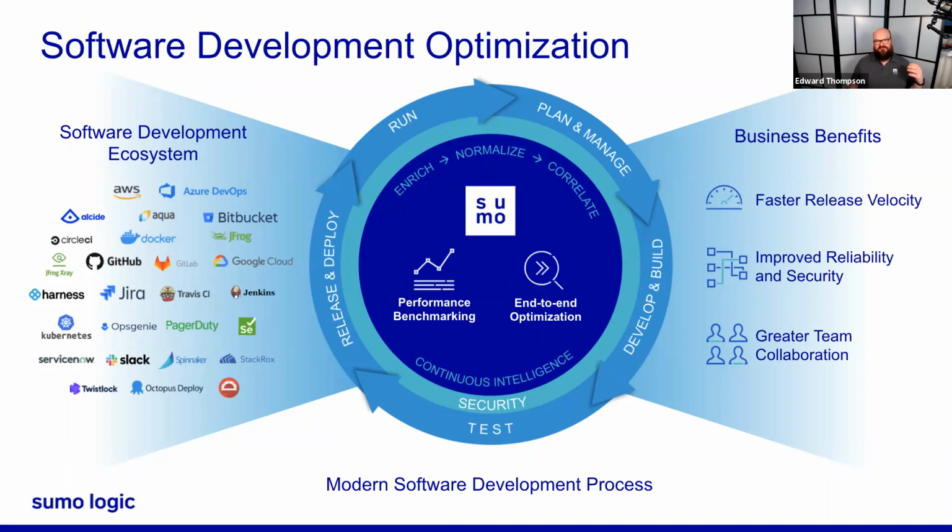So things like faster release velocity, improved reliability and security, and improving collaboration within your broader team.